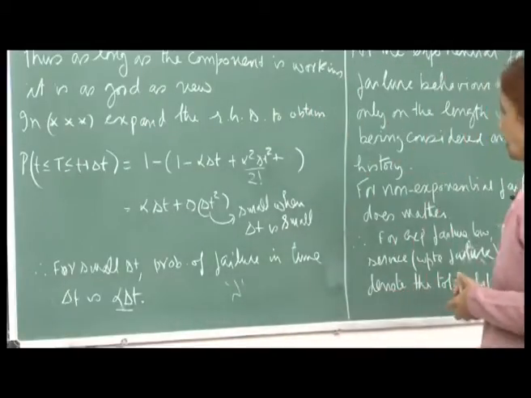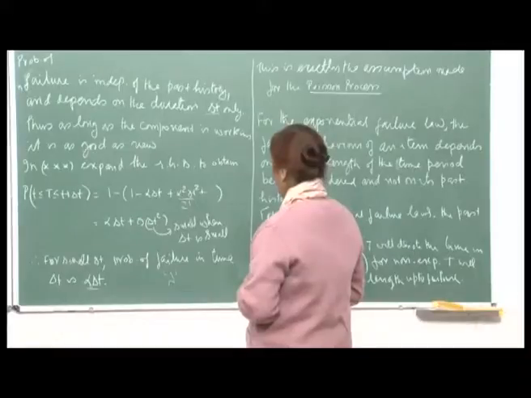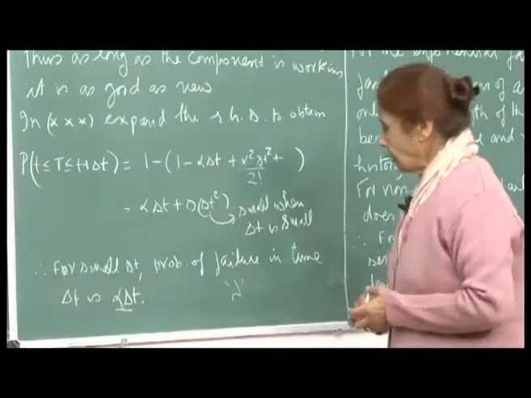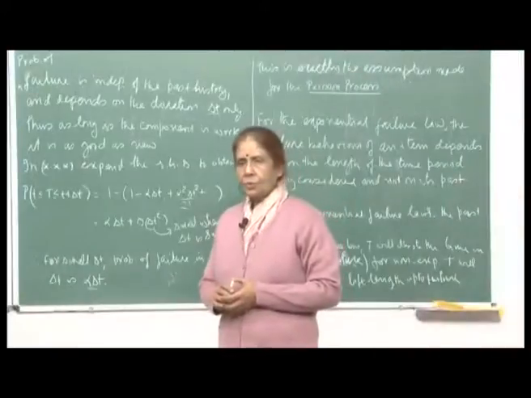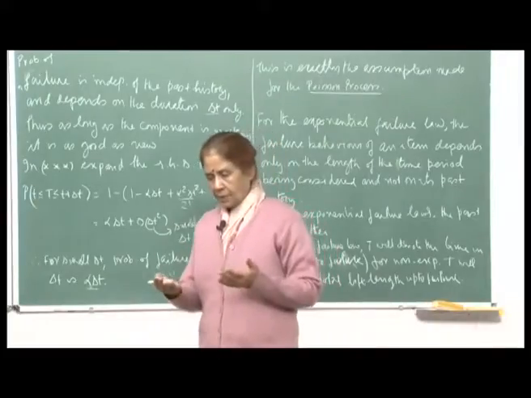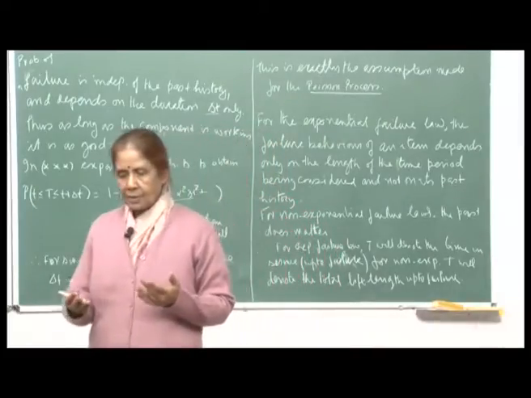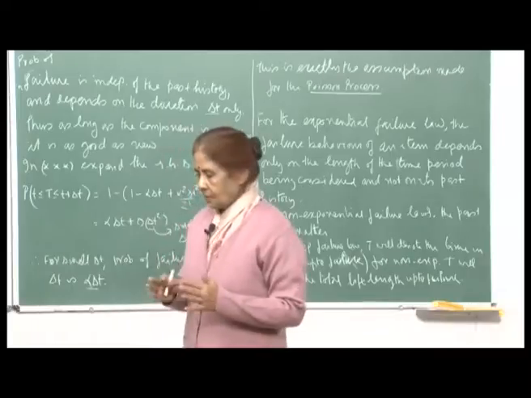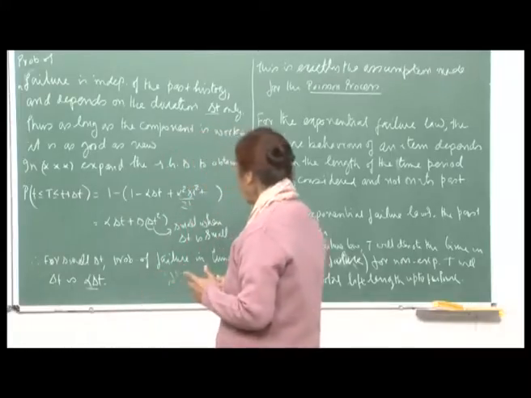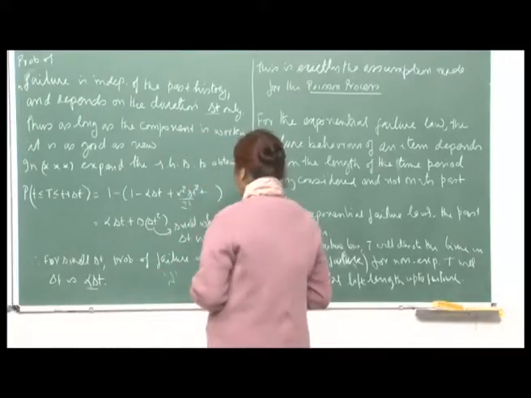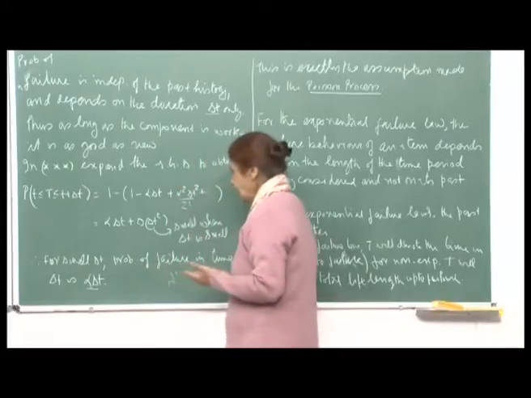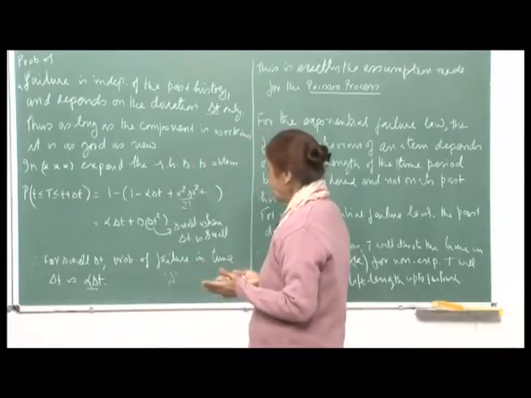And of course, the components behave independently. So, that condition for a Poisson process is also satisfied, that is, the arrivals are independent, and so here the components will behave independently. So, their failures will also be independent of each other.